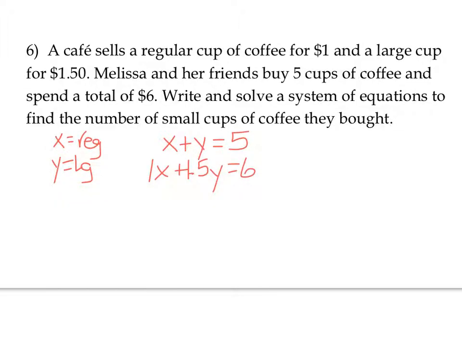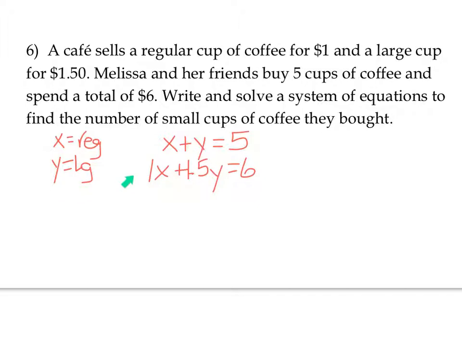Right? So if we write our system of equations, we've got one based on the amount of money they spent, $6, $1 for every regular, $1.50 for every large. And then we've got the number of cups. They buy 5 cups of coffee, so the regular cups plus large cups.